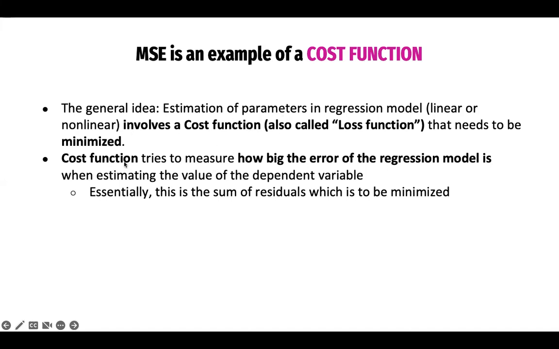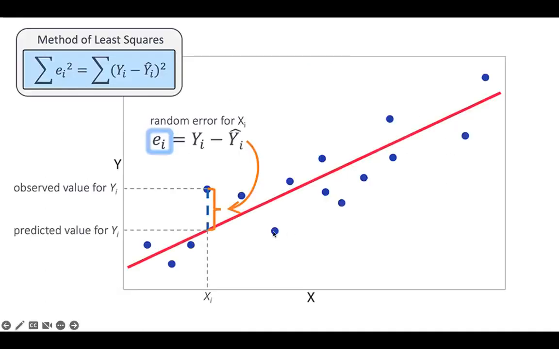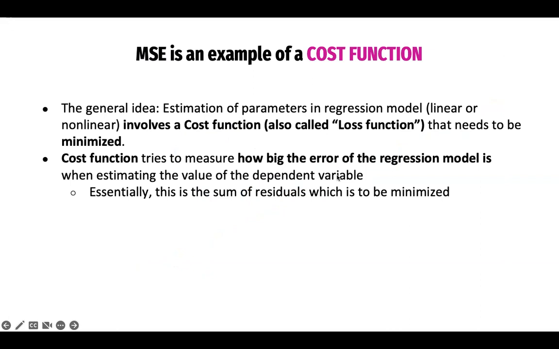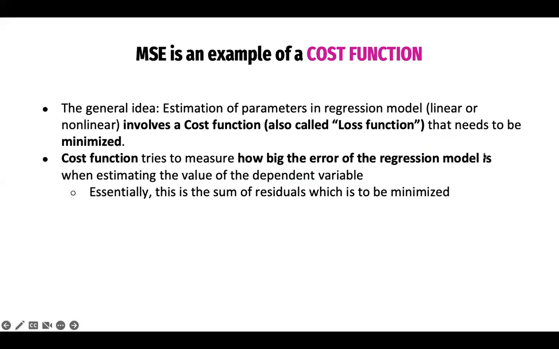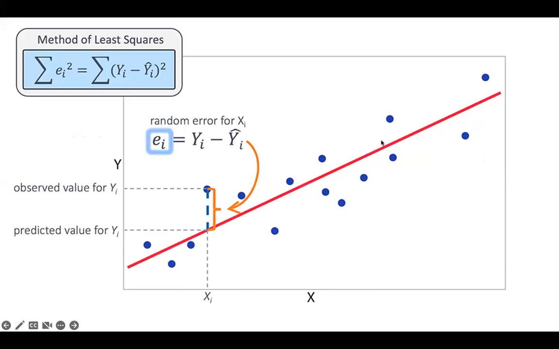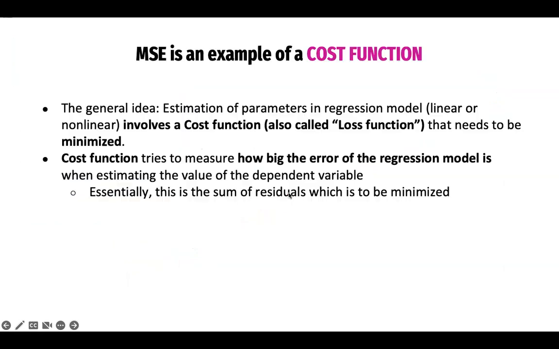The cost function tries to measure how big the error of the regression model is when estimating the value of the dependent variable. Taking the sum of those errors, or the residuals, is the cost of the model, and we want to minimize that. The closer this line is to the points, the better and good enough the model is, and we have found good estimates for beta 1 and beta naught.